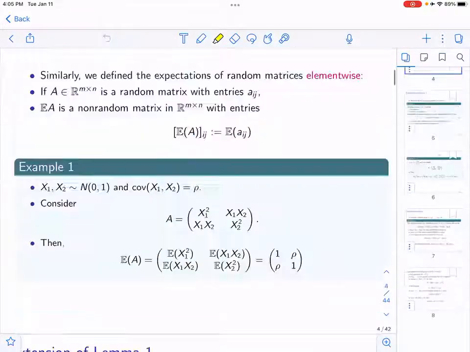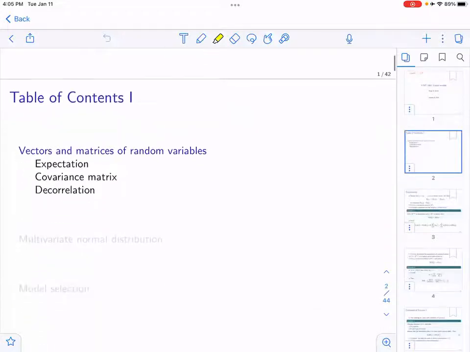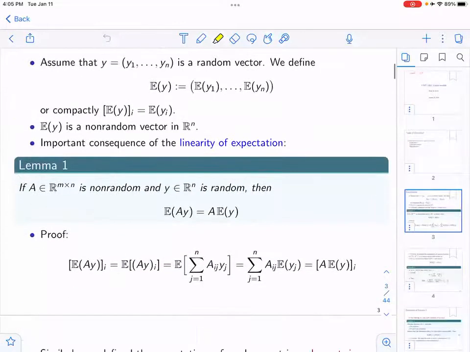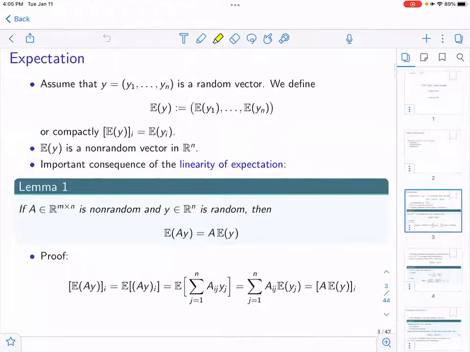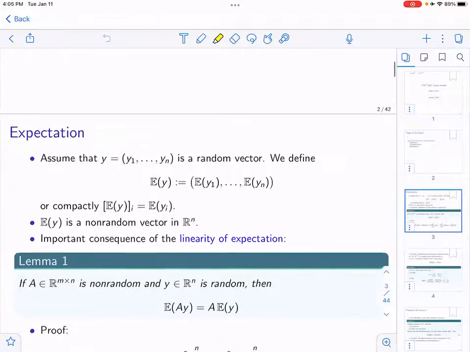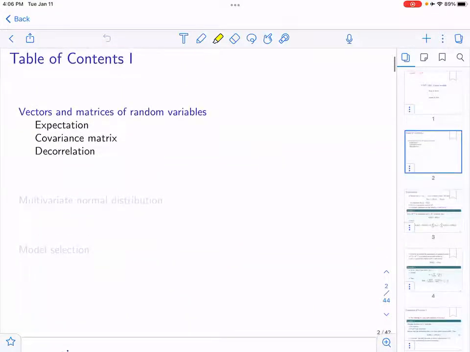Now we move on to, I forgot what chapter of the book it is, but you can think of this as a review of things about random vectors and random matrices. So the topic is vectors and matrices of random variables, or random vectors and random matrices, if you want, and properties like expectations and covariance matrices of these things.